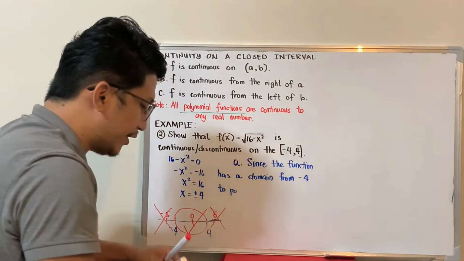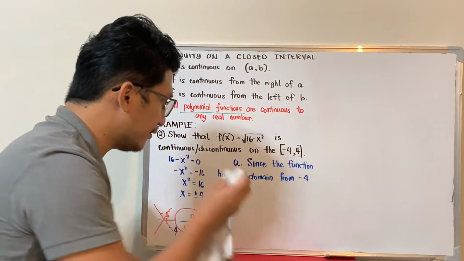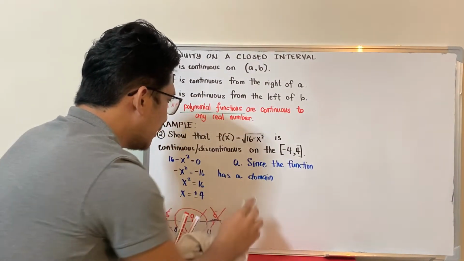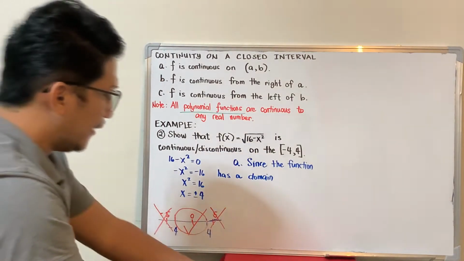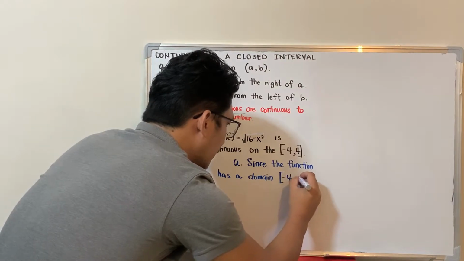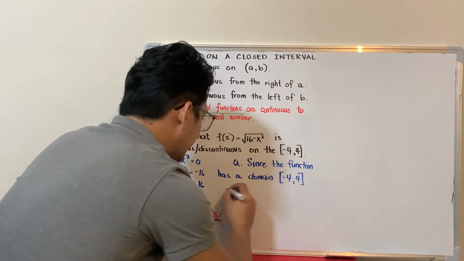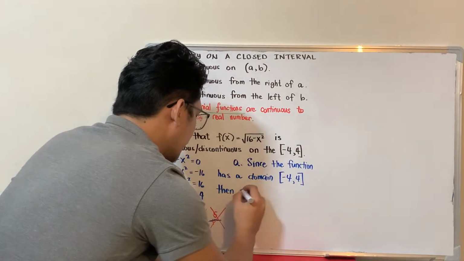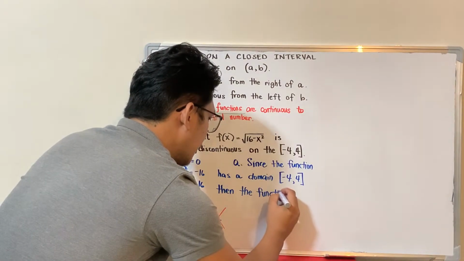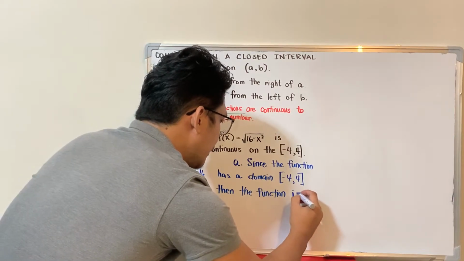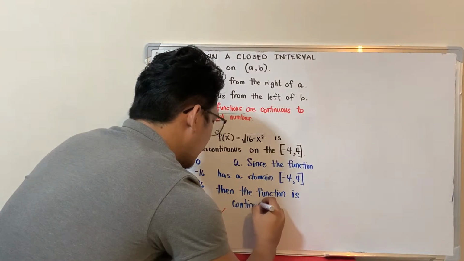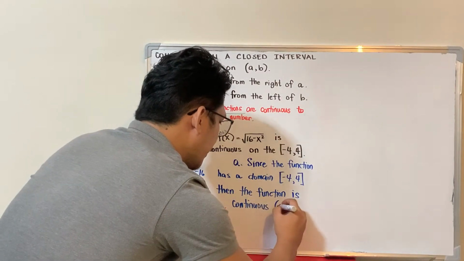Alright, ito na lang i-diretso guys. Sorry. Since the function has a domain negative 4 and positive 4, then the function or f of x is continuous at the open interval.